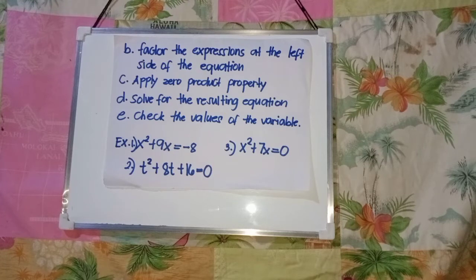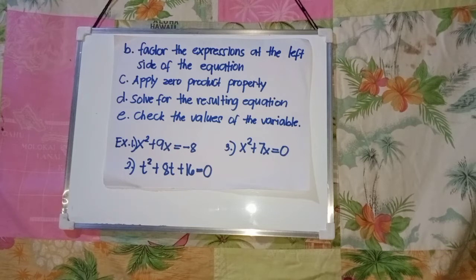After factoring, apply the zero product property. Then, solve for the resulting equation. After we get the resulting equation, we need to substitute the values we got into the variables for the checking, or for evaluating if we get the right answer.